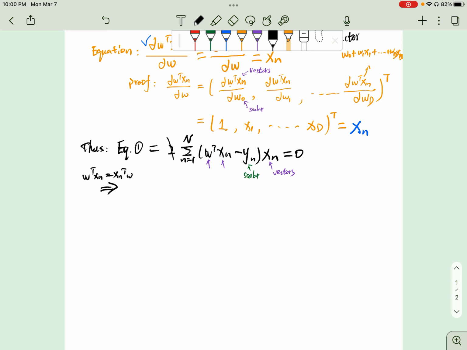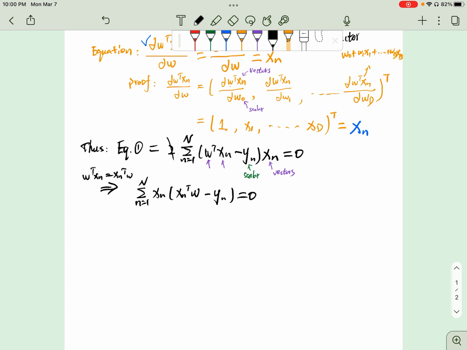So I will apply this property here. So this equation goes to xn, I just put this xn to the front, and then xn transpose multiplied with omega minus yn equals 0. So these two equations are the same.